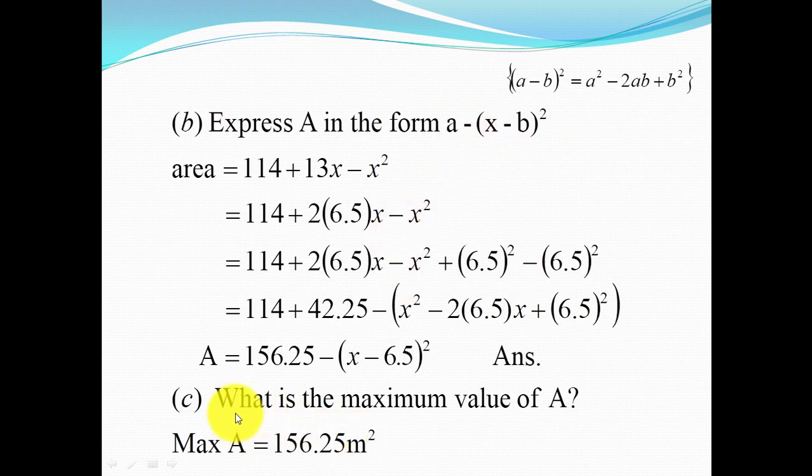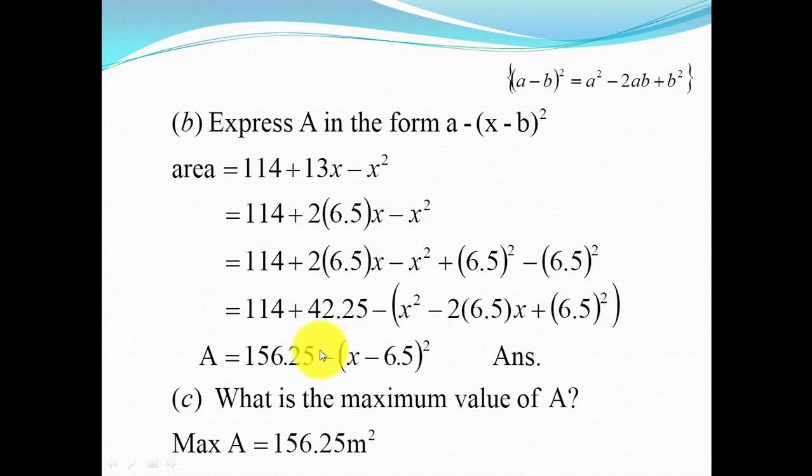And the last part of this question is what is the maximum value of a. Now we have to find the maximum value. You know that the square of any number is positive, whether the digit is positive or negative, it doesn't matter; the square always results in a positive quantity.